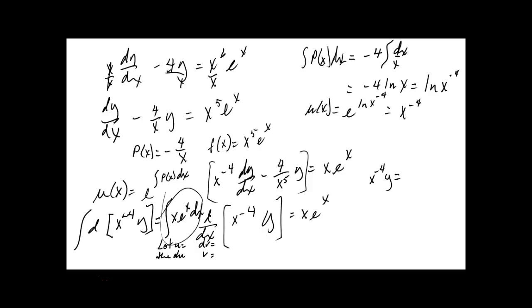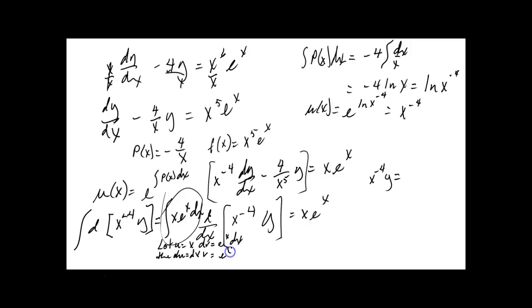What do you think the u will be? Let u be the part that's going to get simpler when you differentiate, and leave dv to be something that doesn't get any worse when you integrate. And e to the x doesn't change, so let dv be e to the x dx. So this will make u just x. And if u is equal to x, what's du? 1 dx.